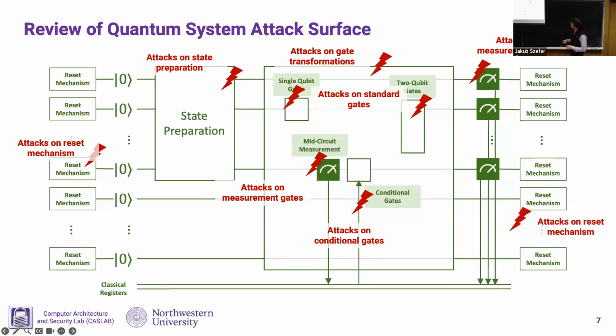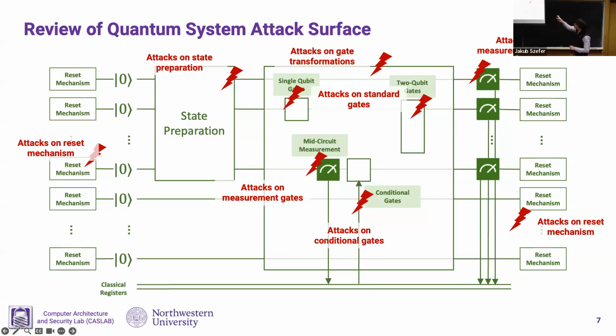Or if you don't reset things correctly, then some of the final state will be leaked to the next user. So whenever we think about attacks, these are all the points, and the attacker maybe only needs to do one thing, like just attack some of the 2-qubit gates to disable entanglement and break the whole operation of the quantum circuit.